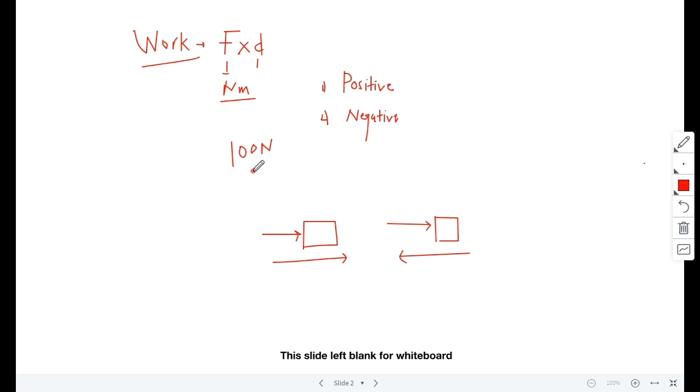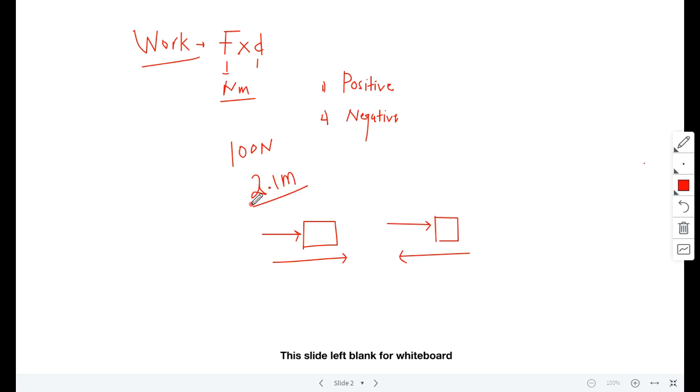So there's a question. You have to calculate the work done when a force of 100 newtons is applied on an object, and this object is displaced through a distance of 2.1 meters. Calculate the work done.